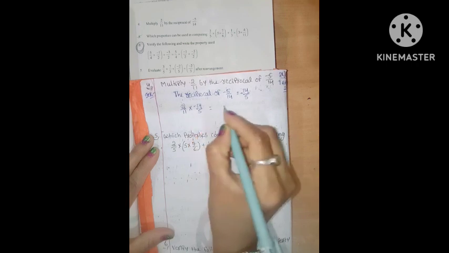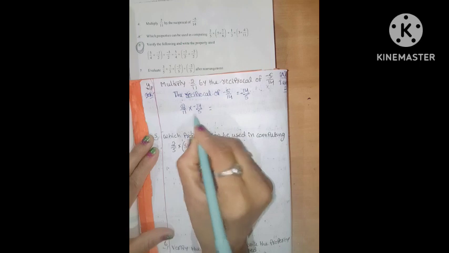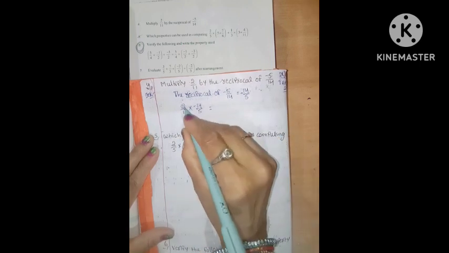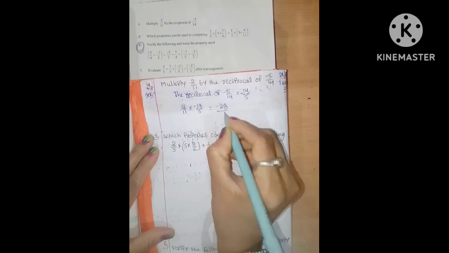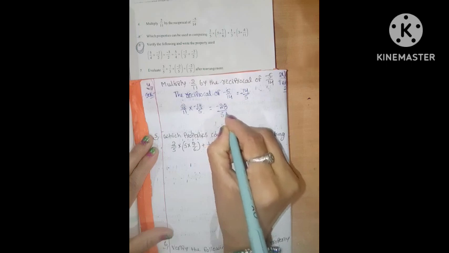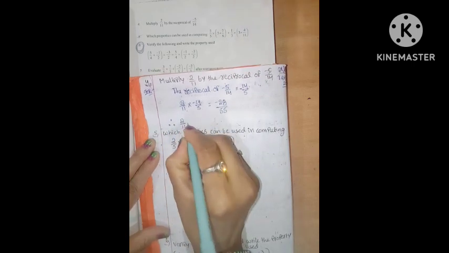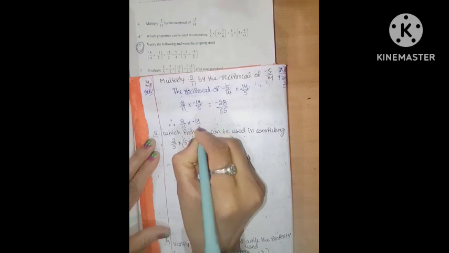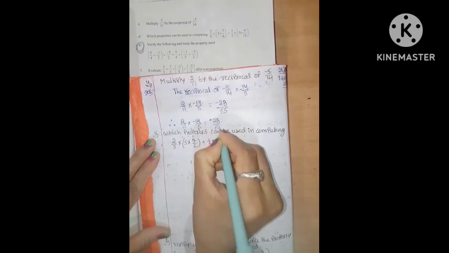Product of the numerators by product of the denominators: 2 times 14 is 28, denominator 11 times 5 is 55. So 2 by 11 into minus 14 by 5 equals minus 28 by 55.